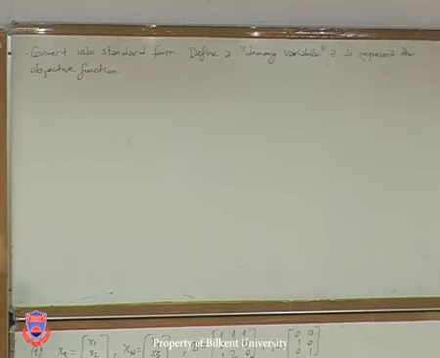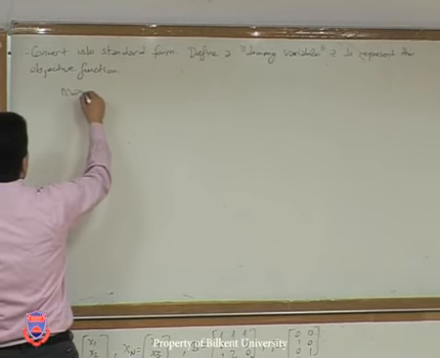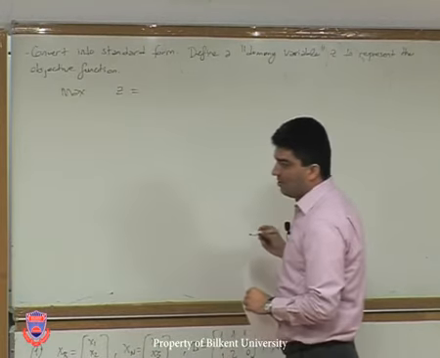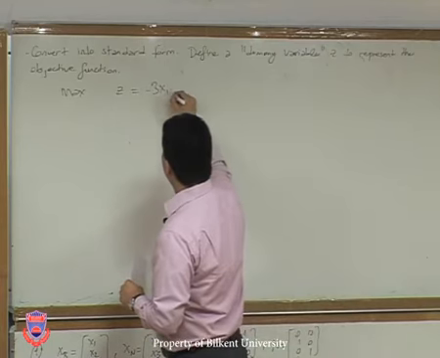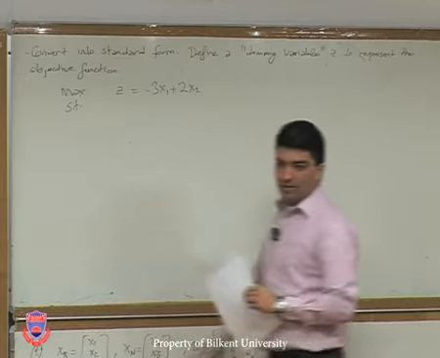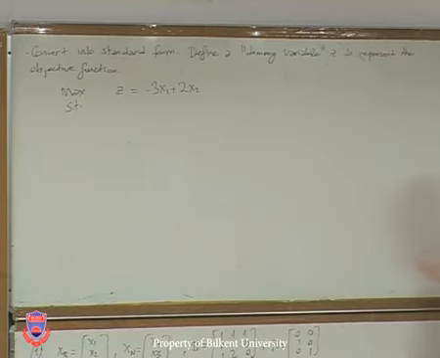And here's what I'm going to do. I'm going to rewrite my problem as follows. Instead of writing the objective function directly, I'm going to maximize z, which is equal to minus 3x1 plus 2x2. Okay? So I'm just defining z as my objective function.